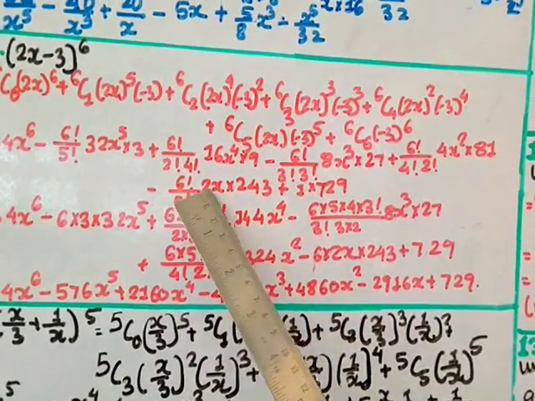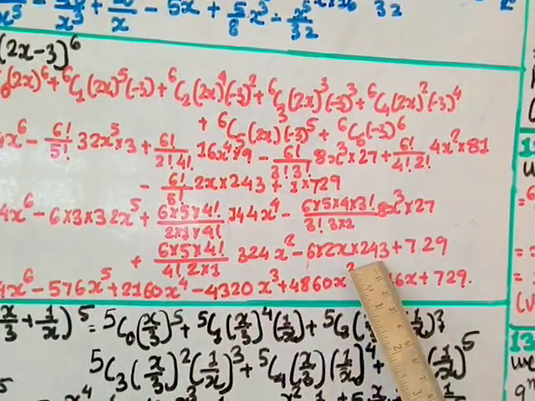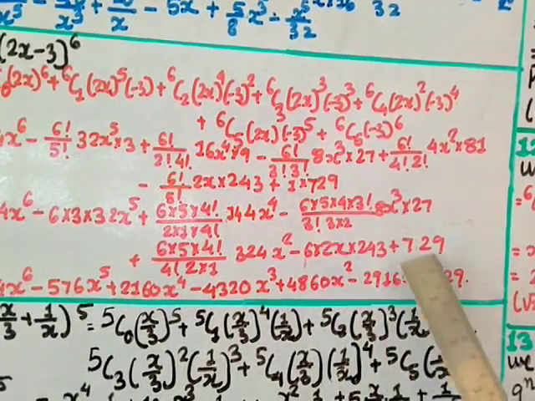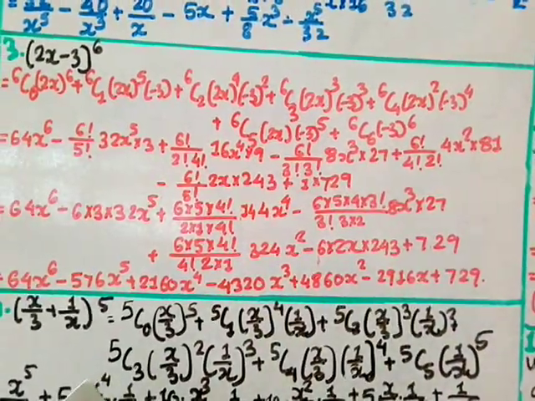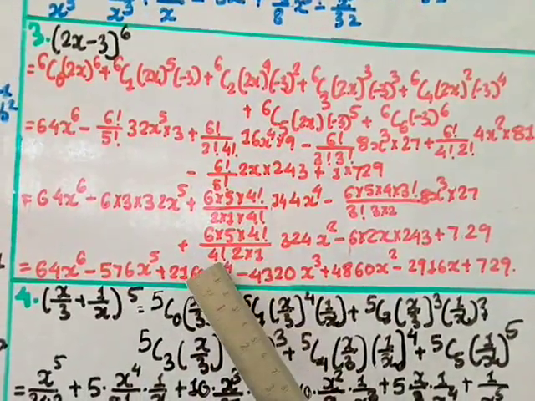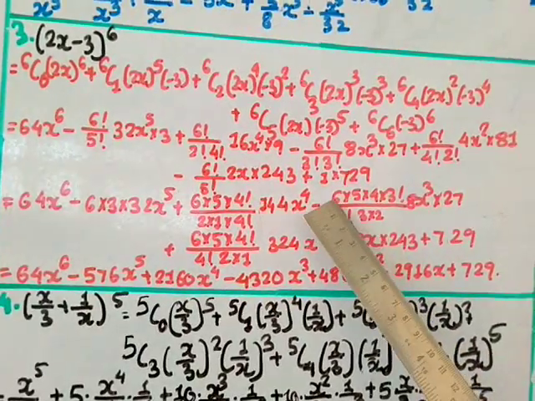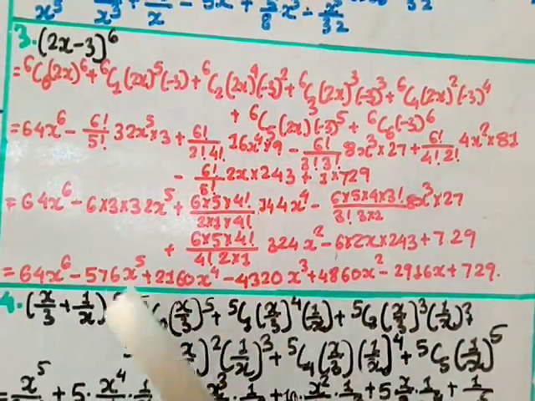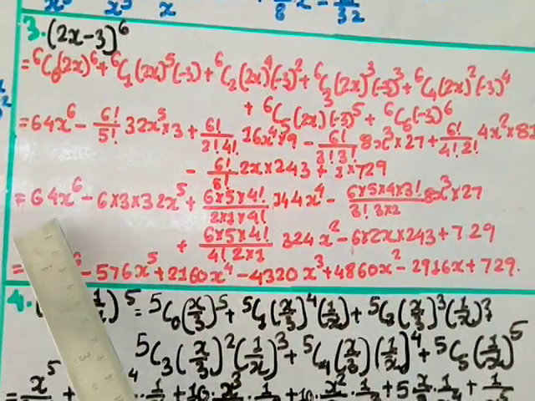Okay, here 2x into 243 plus 1 into 729, that is 729. Okay, so further when you cut this one, you can cut this one. Okay, this 6 also can be cut by this, and when you simplify, the answer will be after multiplication.